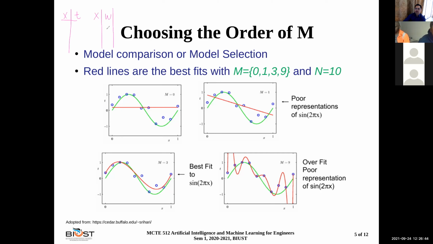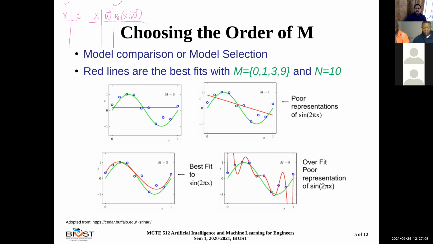Now you have an estimated function that is a function of those inputs X and W. Remember, W is a vector. So this is your target, and this is your estimated value.